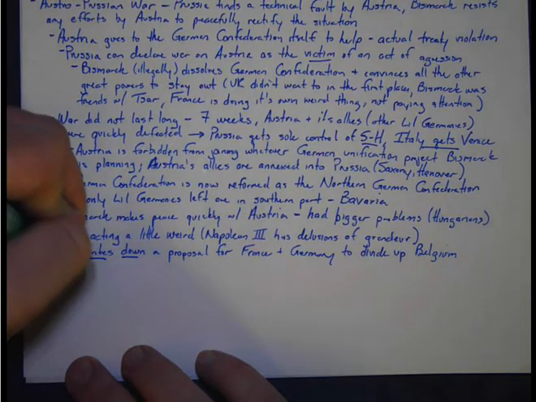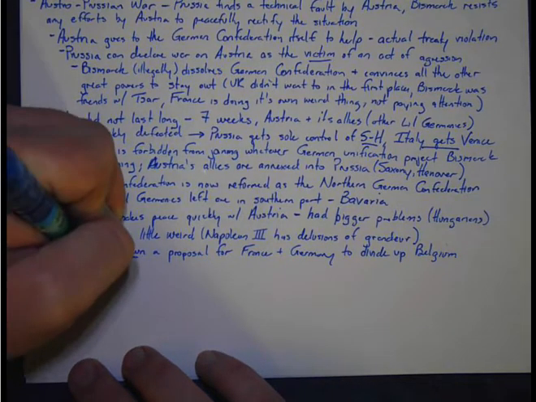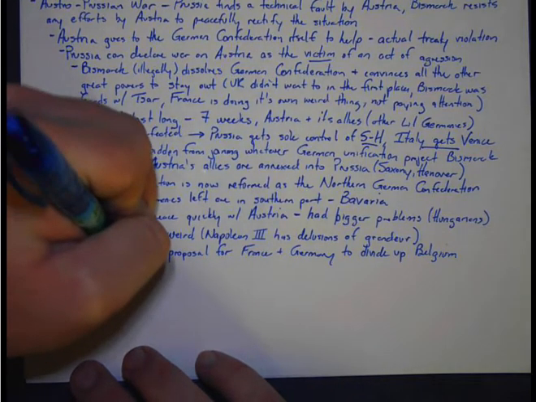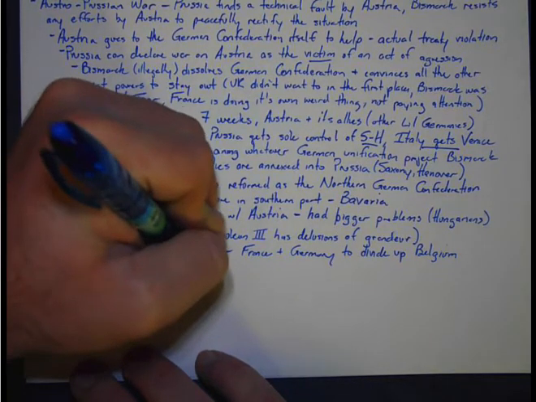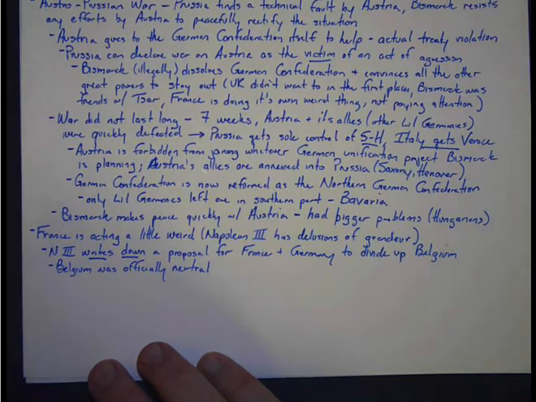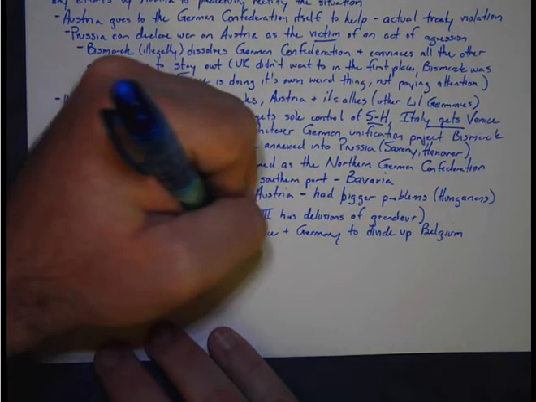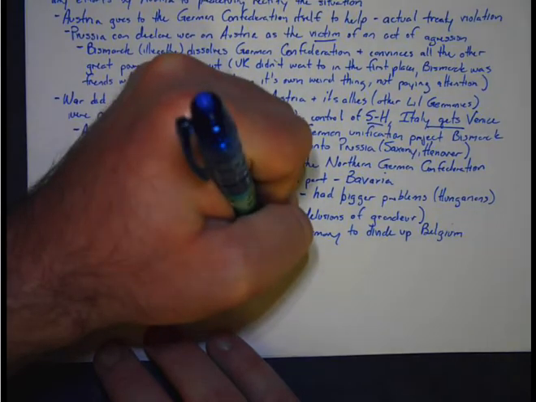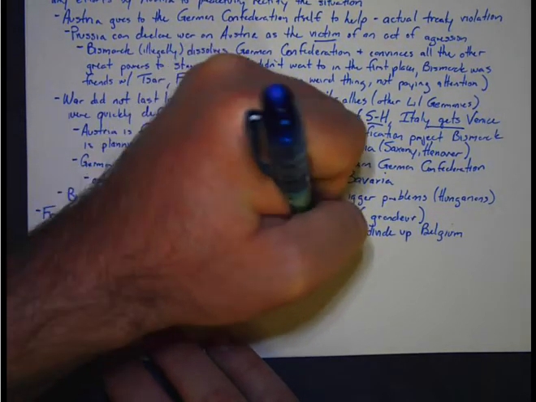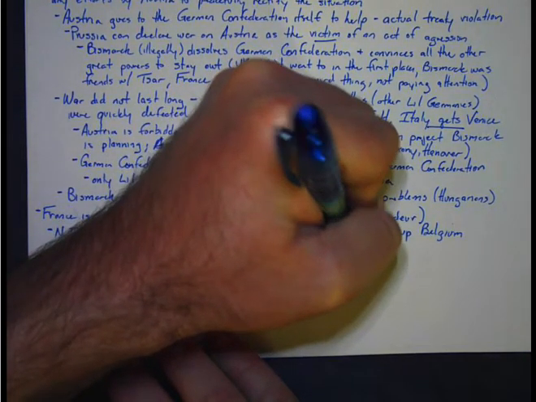Belgium was officially neutral and a close ally of Great Britain.